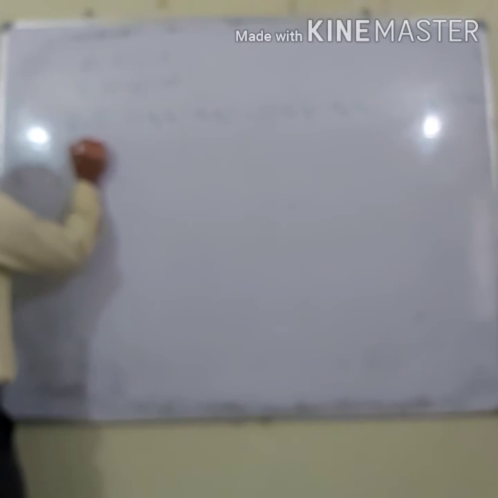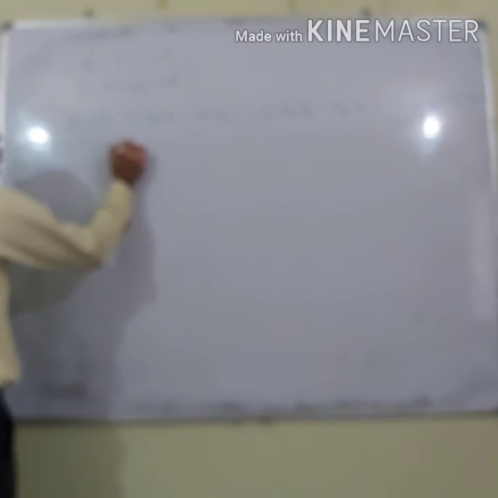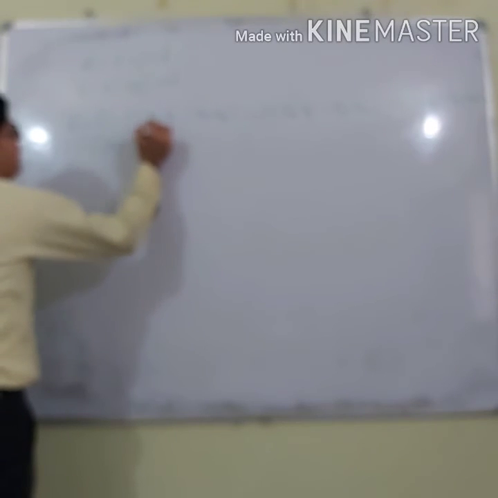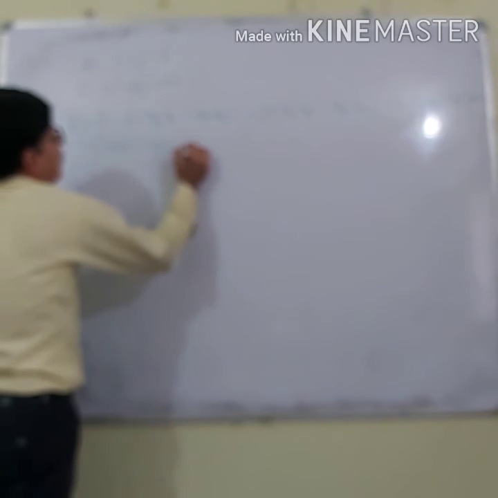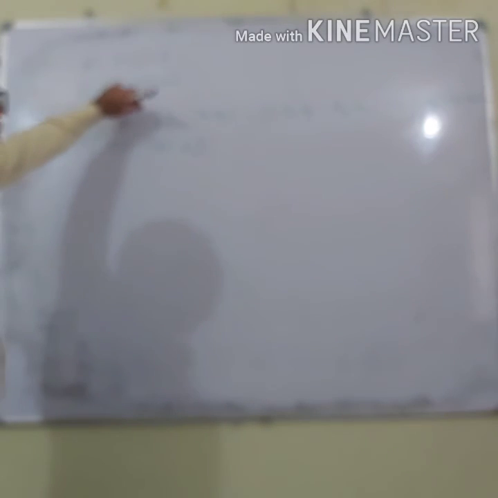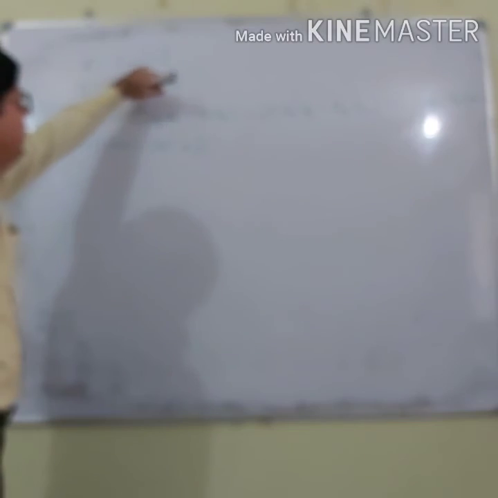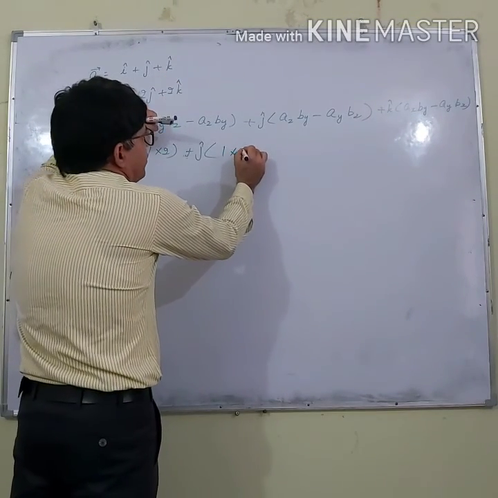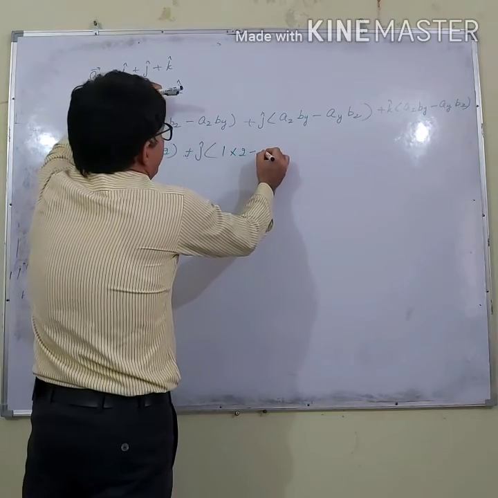So let us do i cap. What is A_y? A_y is 1. And what is A_z? 1. And what is B_y? It's 2. And B_z is 2. Plus j cap. What is A_z? Again it is 1. And what is B_x? It's 2. And what is A_x? 1.